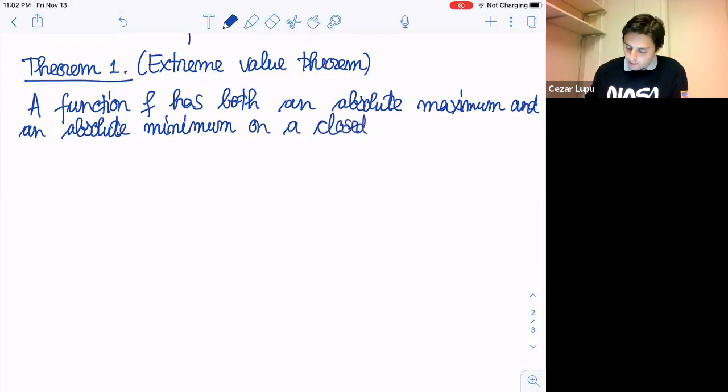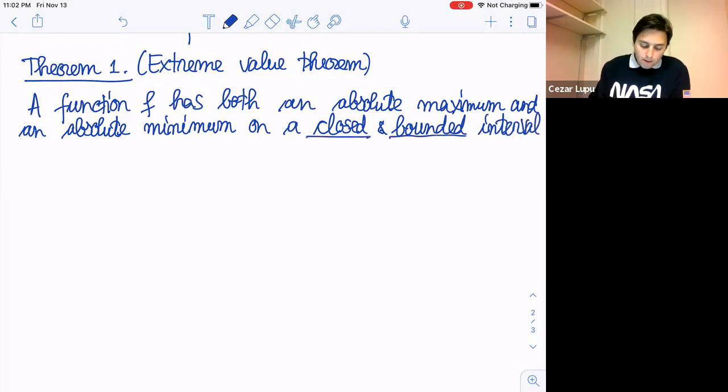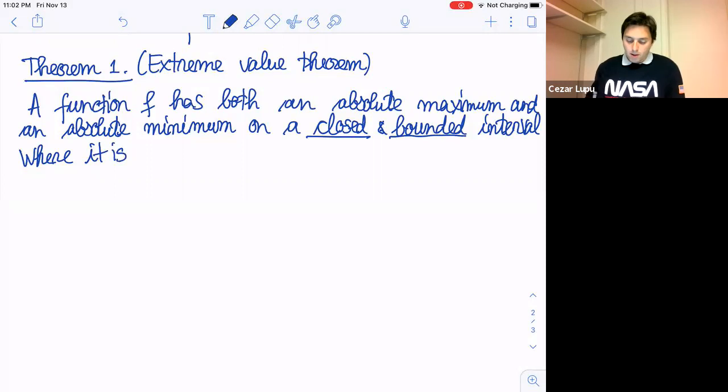This is important: closed and bounded interval, where this function is continuous. And this is an important thing, where it is continuous.